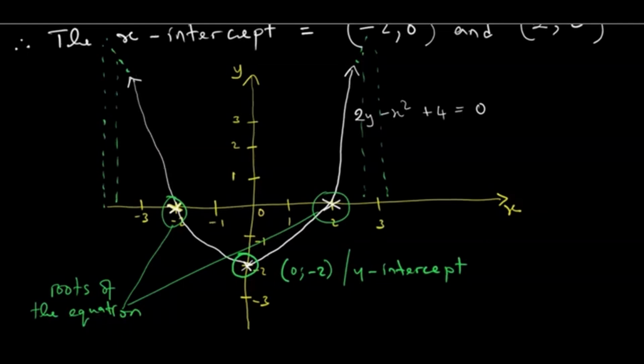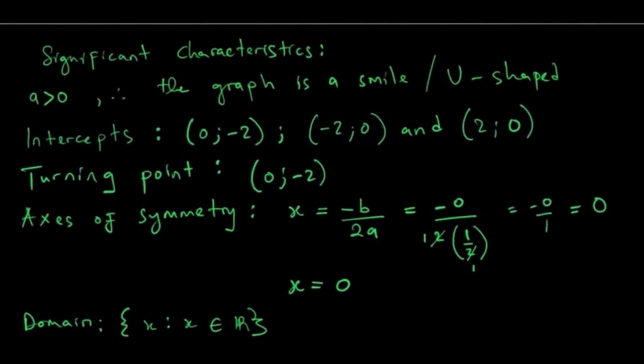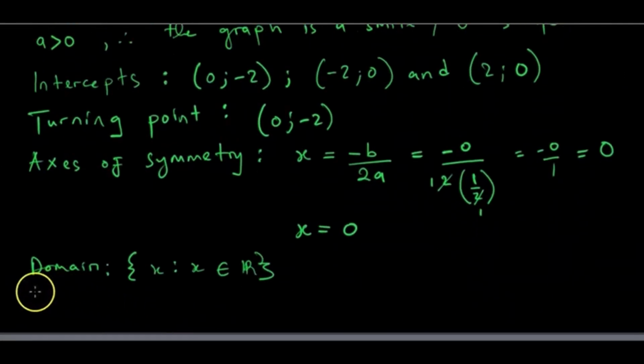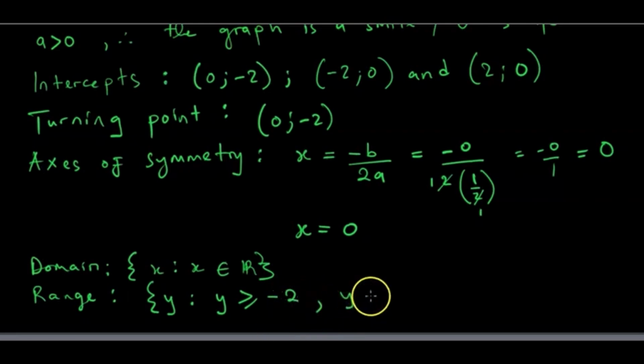So what we have to do now is, for our range, it's going to be y such that y is greater than or equal to -2, and of course y thereafter becomes an element of real numbers.